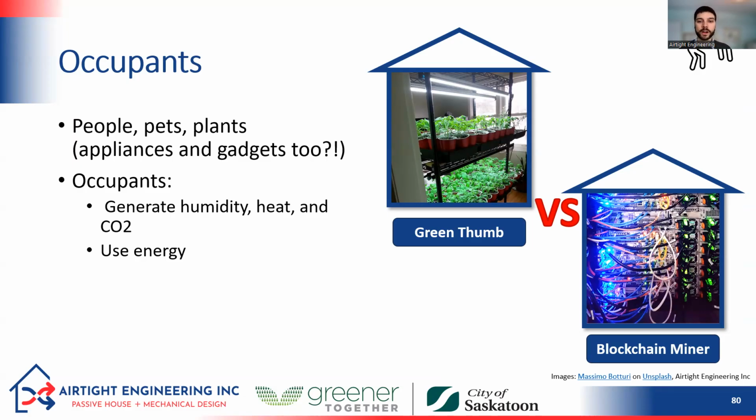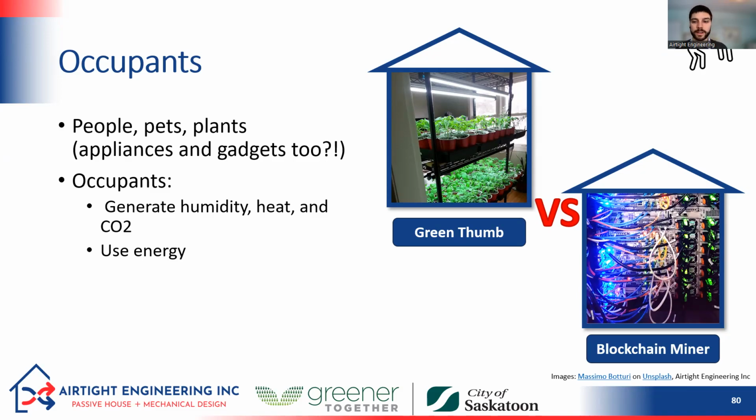So we've got two houses here. The top left is our green thumb. This is actually my spare bedroom of a number of years ago. I was starting way too many tomato plants for the garden that my wife and I tend. And this was causing some humidity problems, as you can imagine, and also was greatly increasing our electric bill due to all of those grow lights. And then the bottom right, we've got the blockchain miner, made up person who is just mining up a storm.